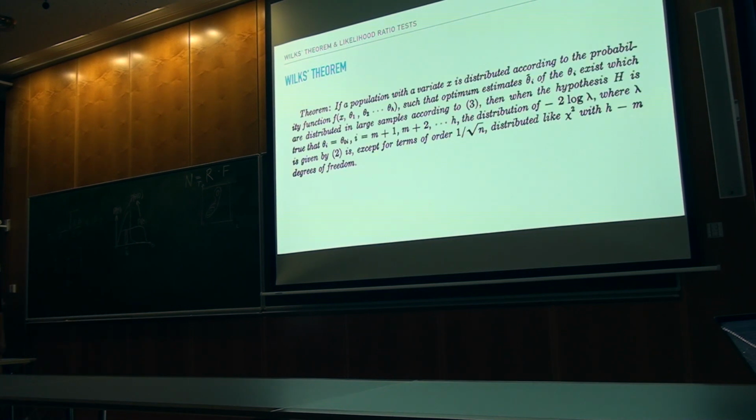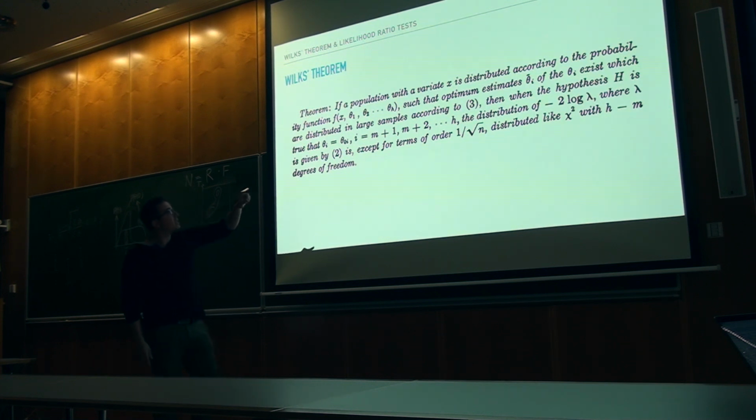And then at the end of the paper, he summarizes it really nicely, and it's worth saying. It says, a population with varied x is distributed according to the probability function, or likelihood, such that the optimum estimates theta sub i exist, which are distributed in large samples according to 3. So they have to be a symmetric distribution like a Gaussian.